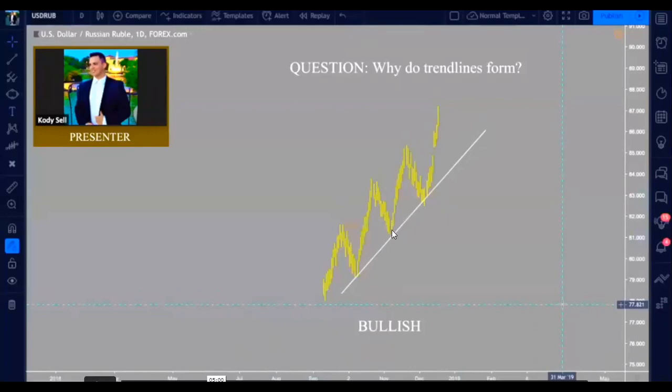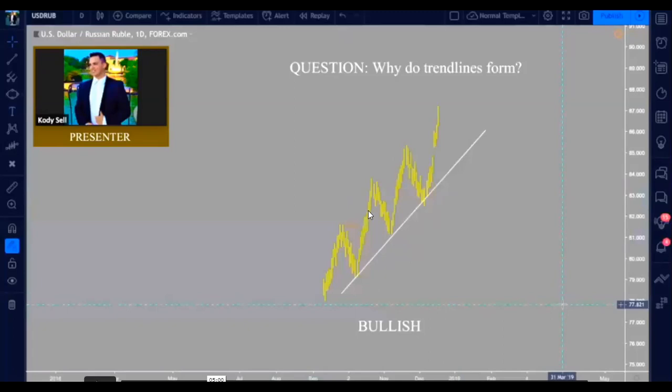Did everyone understand why a trend line is just diagonal support and resistance? Can everyone understand or see why this right here, these three touches, is considered support? Yes.